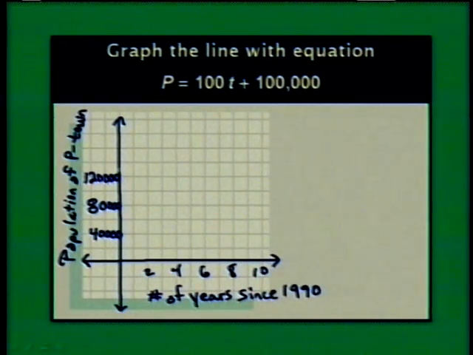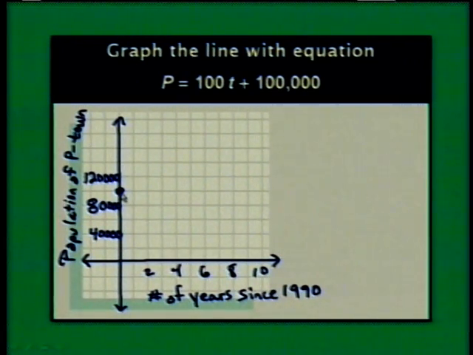When t is 0, P is 100,000. So we have the point (0, 100,000). When t is 10, P is 100 times 10, that's 1,000, added to 100,000. When t is 10, P is 101,000. Look at the scale. The scale on the vertical axis is 20,000.